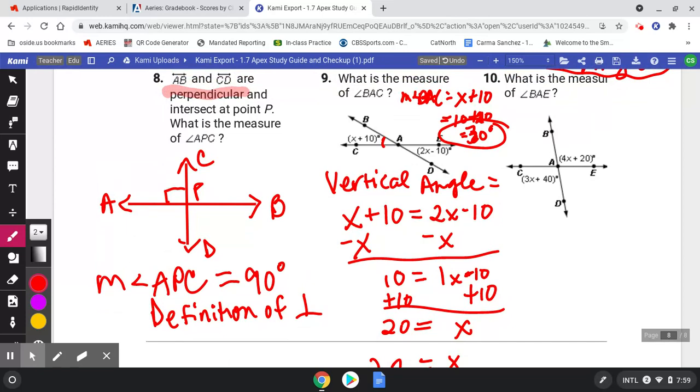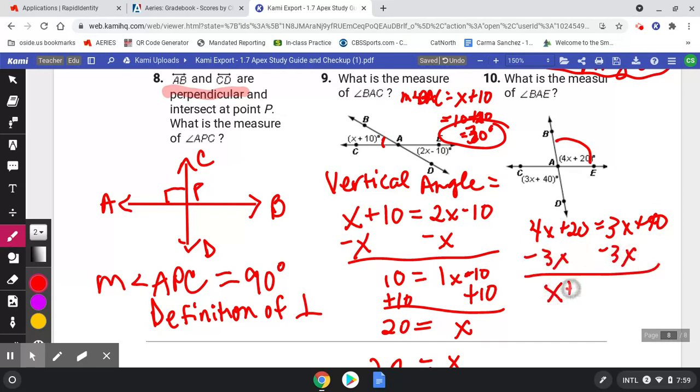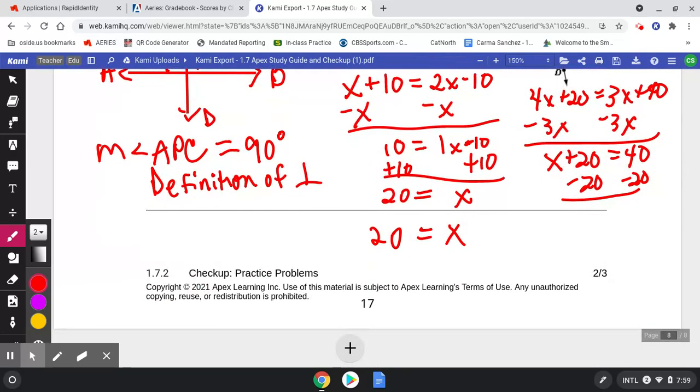All right, finally, what is the measure of angle BAE? So we take the 4x plus 20, set it equal to 3x plus 40. Let's minus the 3x's from both sides. And then minus the 20. And then x is equal to 20.